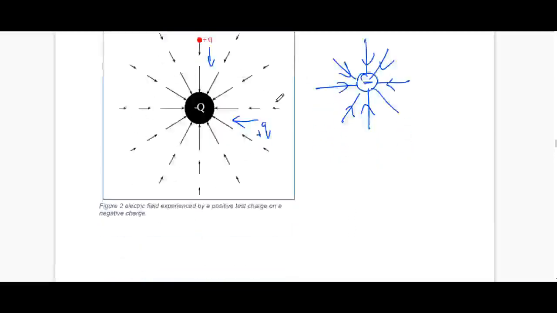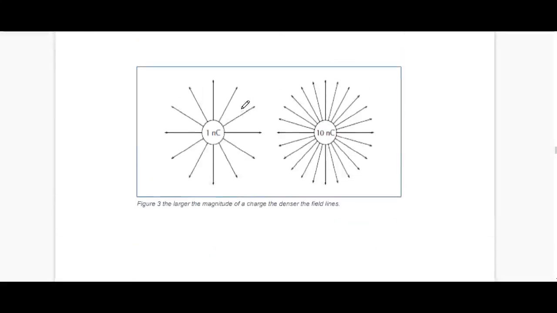Another thing that you have to keep in mind is that the number of lines shows us the magnitude of the charge. A lower magnitude of a charge will have fewer lines, and one with a higher magnitude will have many lines.